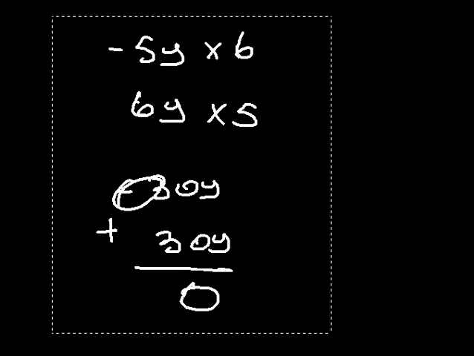And how about this? Let's say we have negative 2x and negative 5x. When do we expect the combination of these two terms to give us zero?